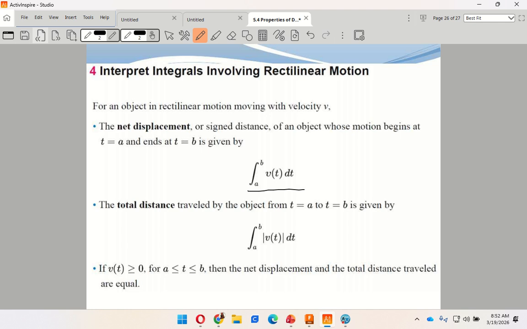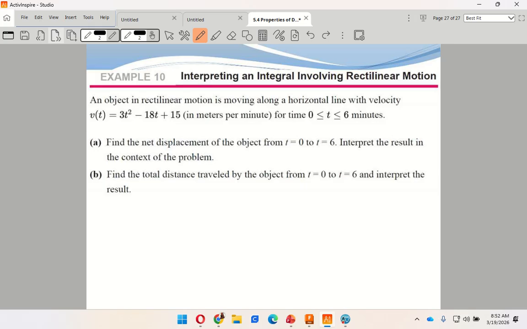Okay, let's set that up then. So net displacement, I'm going to have the integral from 0 to 6 of 3t squared minus 18t plus 15 dt. You can take out the 3. Oh, yes, I could take out 3.